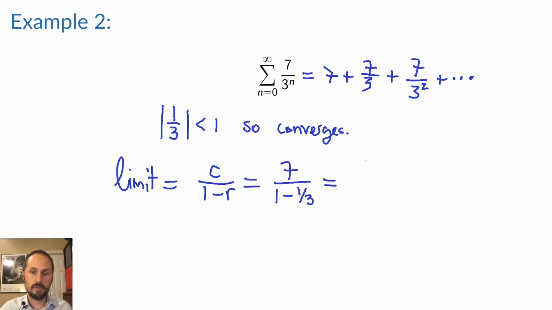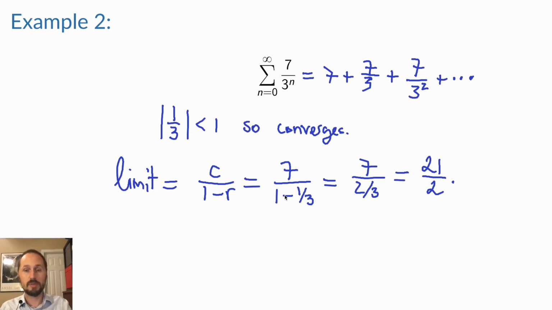So this gives us 7 over 2/3. So that's going to be 21 over 2. And that's the value of our series, right? So our formula allows us to conclude exactly what's going on here. And now let's do one more. Well, we had 2 more examples that we were looking at. Let's look at both of them quickly.